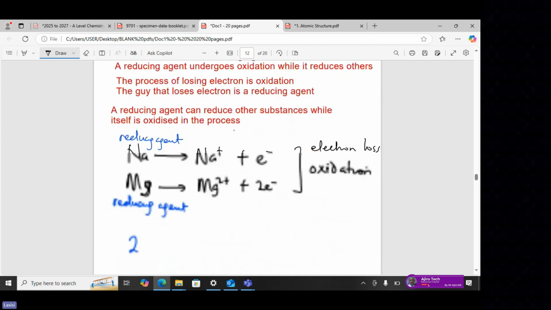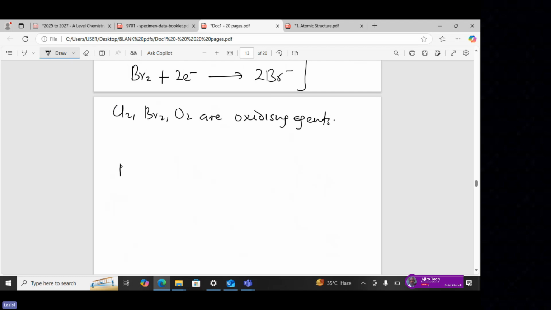Let me show you. Look at this. Fluorine is number 9. It is 1s2, 2s2, 2p5. Chlorine is number 17: 1s2, 2s2, 2p6, 3s2, 3p5.